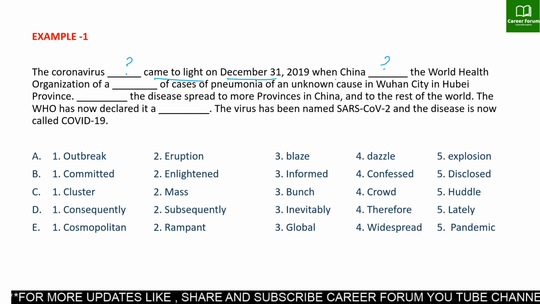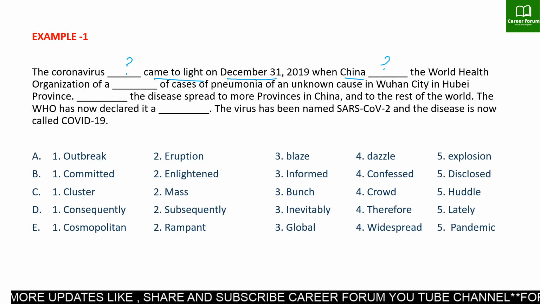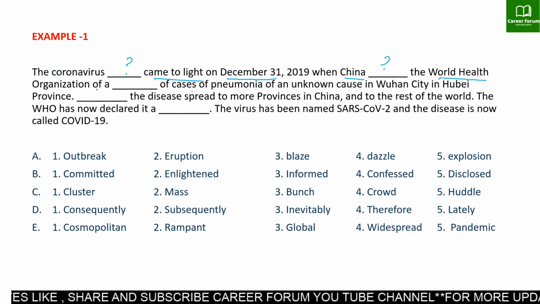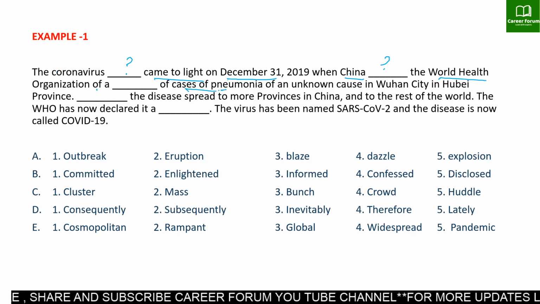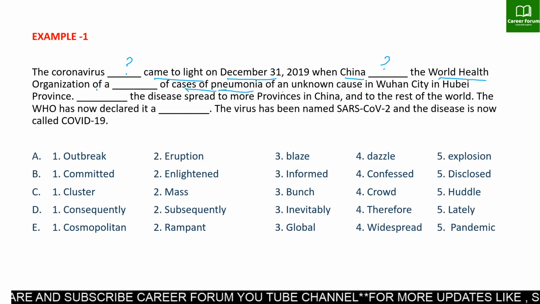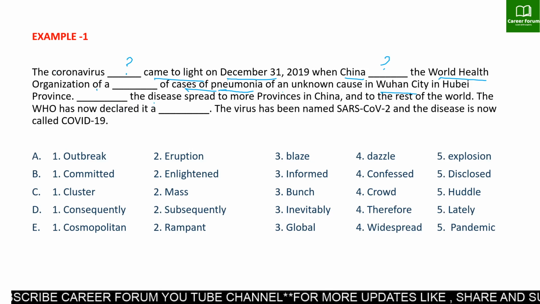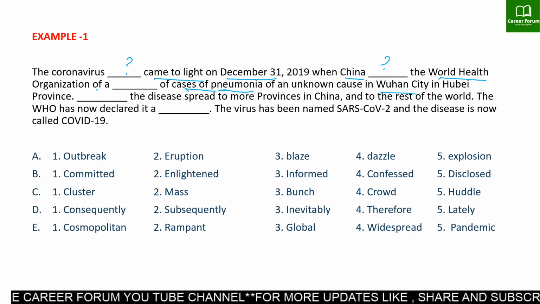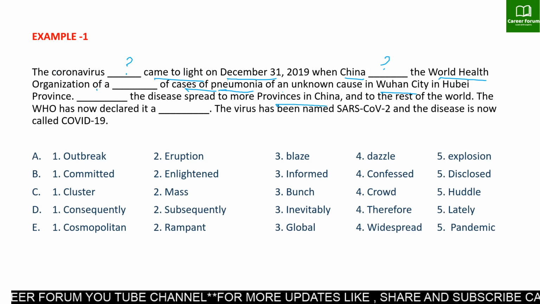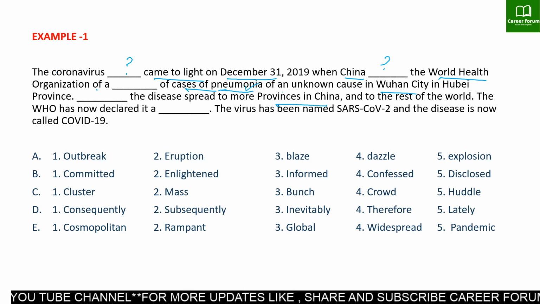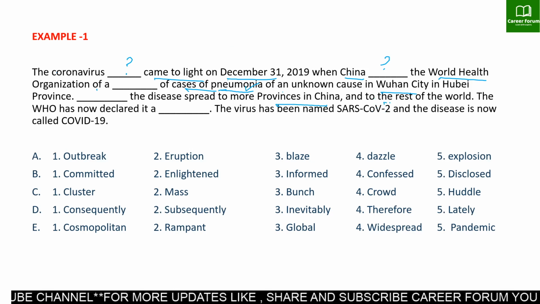Then China, World Health Organization, cases of pneumonia. The cases were of pneumonia of unknown cause in Wuhan city. The disease spread to more provinces in China.